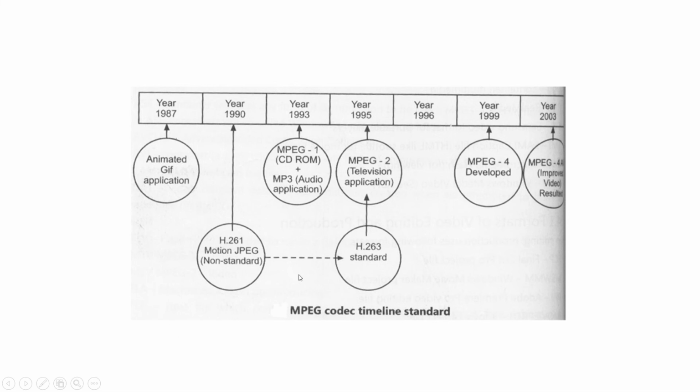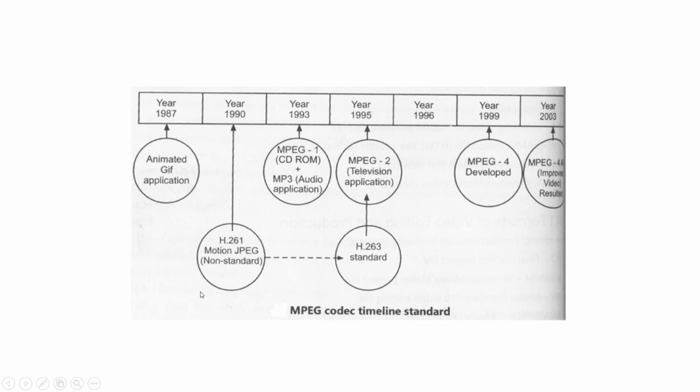Now you might have already gone through the MPEG codec timeline standards, when in 1920 there was one group called the voice codec group. There are two standards for compression, ITU standards and ISO standards. In 1990, the ITU standards started with H.261, which is the base of your compression.